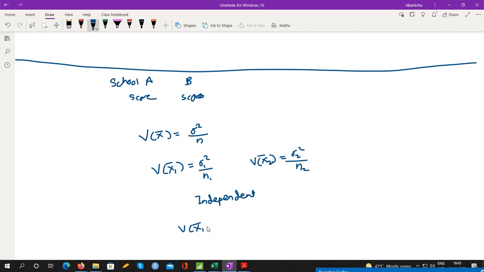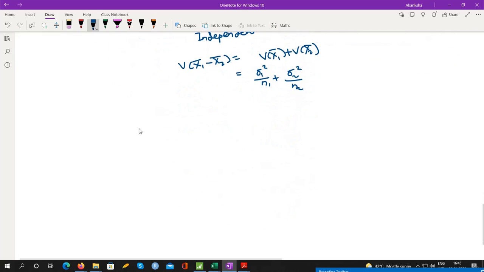So variance of x1 bar minus x2 bar will be variance of x1 bar plus variance of x2 bar. So this would be sigma 1 square by n1 plus sigma 2 square by n2. And hence the confidence interval would look like x1 bar minus x2 bar minus 1.96 times square root of sigma 1 square by n1 plus sigma 2 square by n2.